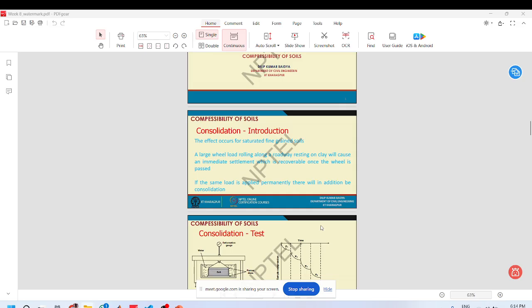Okay. Consolidation. Now we want to move on to consolidation. So we can go over the slides first.